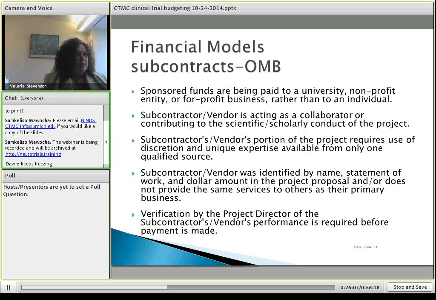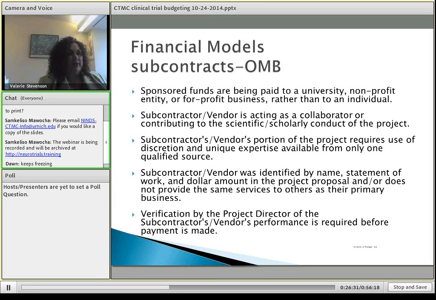So I won't get too deep into the weeds with this slide, but commonly when people are trying to define whether or not someone needs a formal subcontract versus getting paid via a milestone payment or a consultant payment, the guidance reads that the person who's doing the work has to meet all of the criteria.